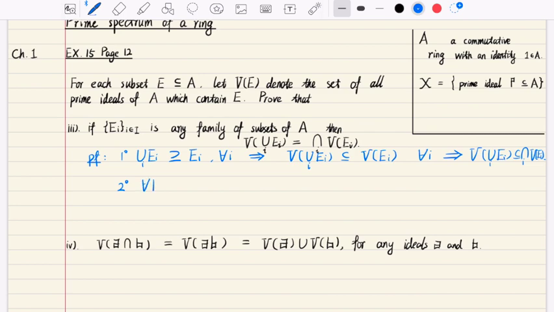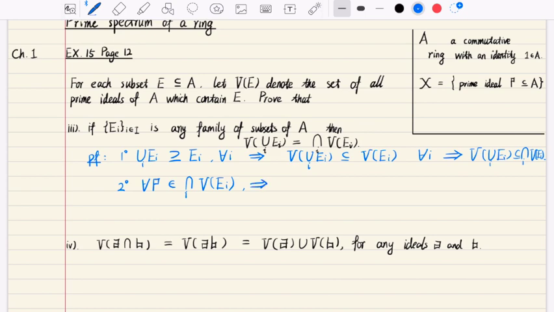For any prime ideal P belonging to the intersection of the algebraic subsets, we need to see P in fact contains all the E_i.